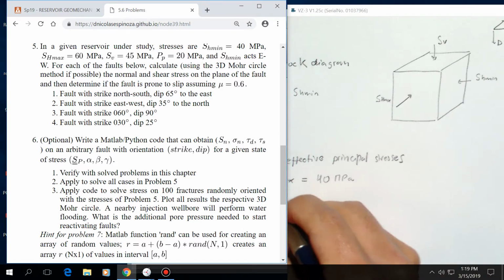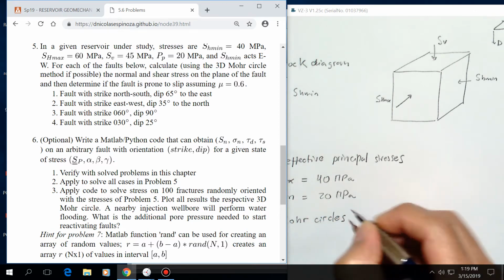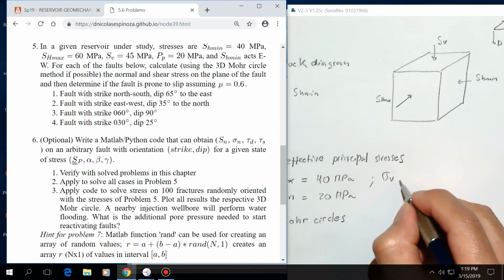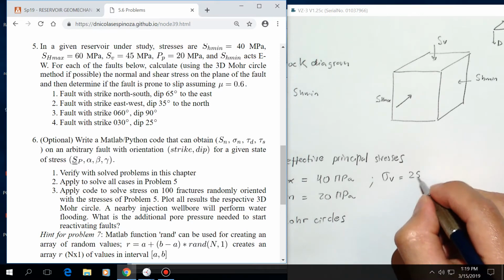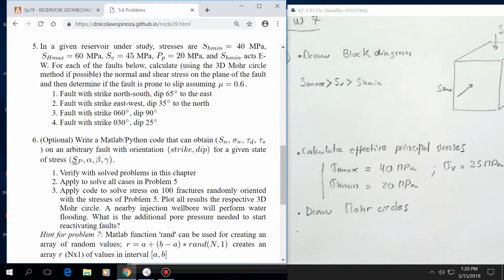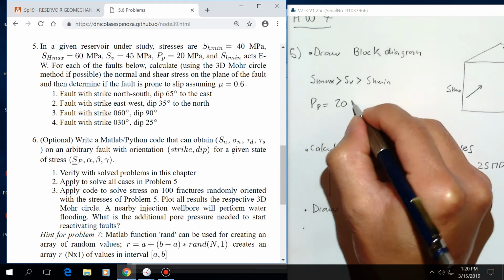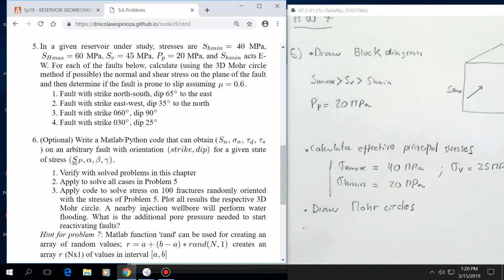Sigma H min? 20 MPa. And sigma V? 25 MPa. Because we know here that pore pressure is equal to 20 MPa. All right.